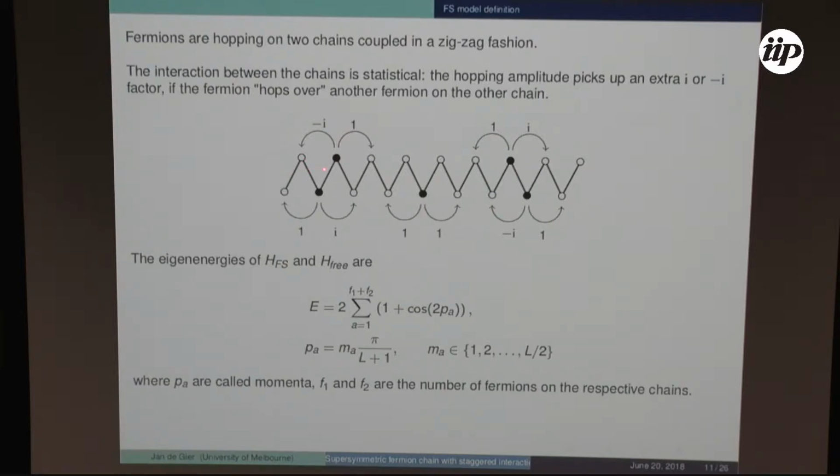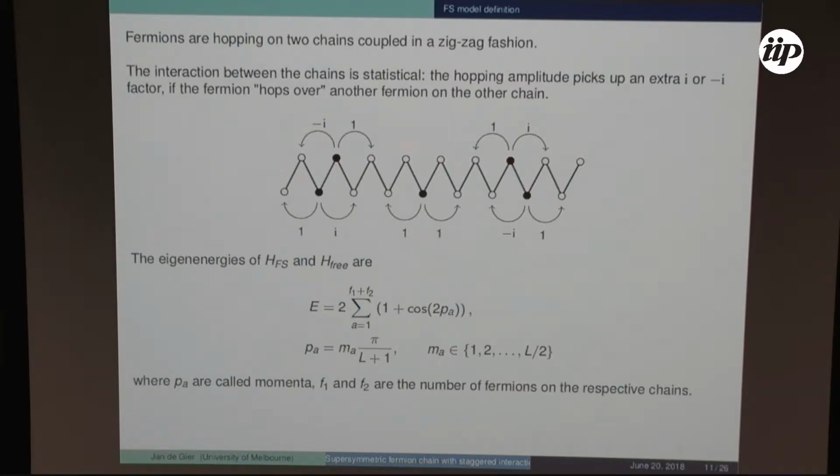where spins can hop along the chain with some rate. But if they hop from one side to the next, and there is a fermion in the bottom chain, they get a phase factor of -i or +i, depending on which way they hop.